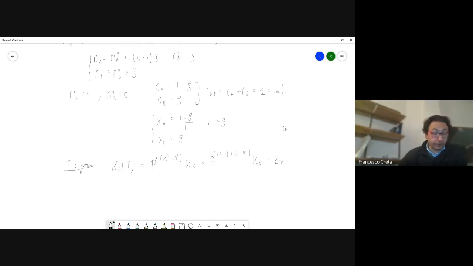So this reaction is clearly independent of pressure, because this vanishes. And this quantity is the product of all the mole fractions to the power of this quantity. Take A: the mole fraction of A to the power of 0 minus 1, so it's minus 1.